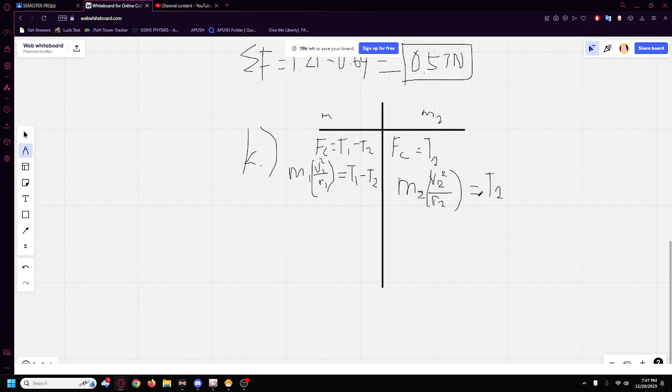If M2 increases, then you multiply by a bigger factor, which means that T2 would increase.